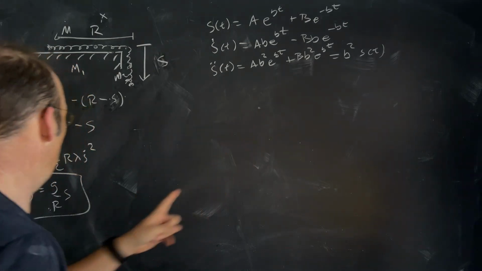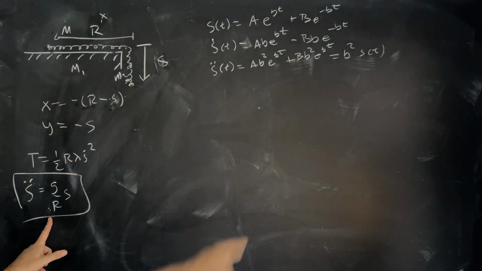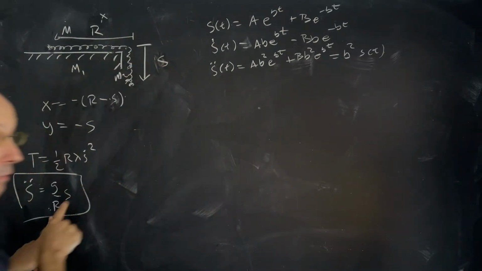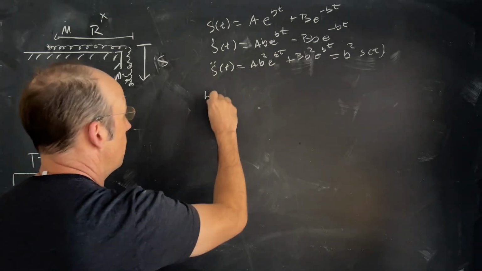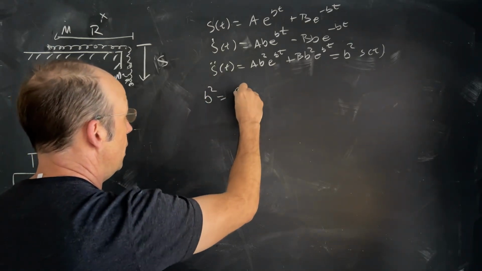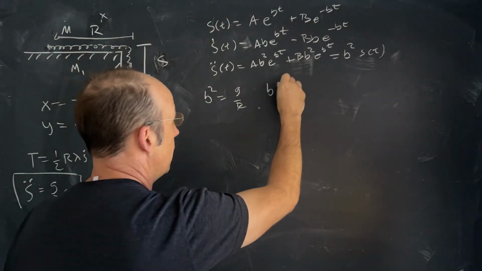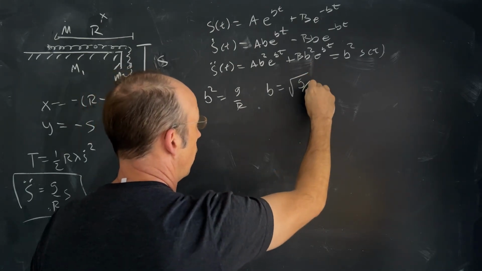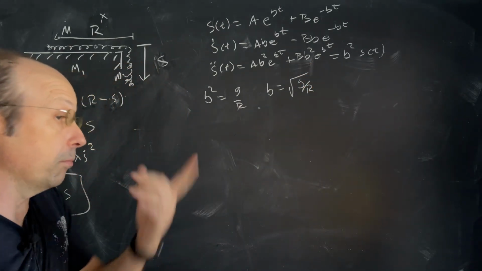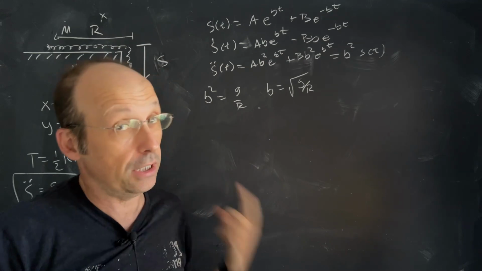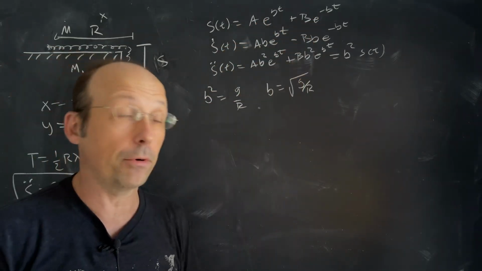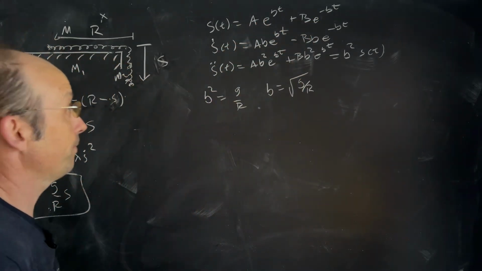So that's true if b squared is g over r, or b is the square root of g over r. So I have my solution, but I don't have the constants a and capital B. I need to find those, but that's going to work.